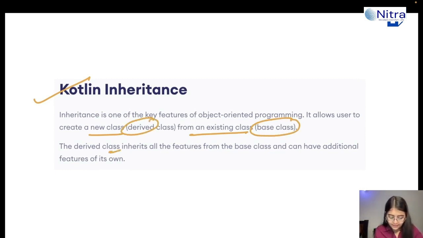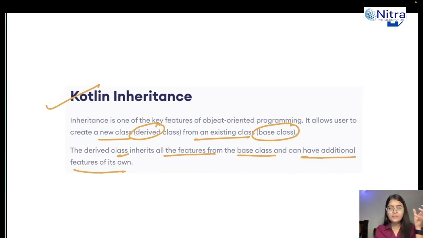The derived class inherits all the features from the base class, and it can have additional features of its own as well. For example, let's say you are creating a vehicle class.